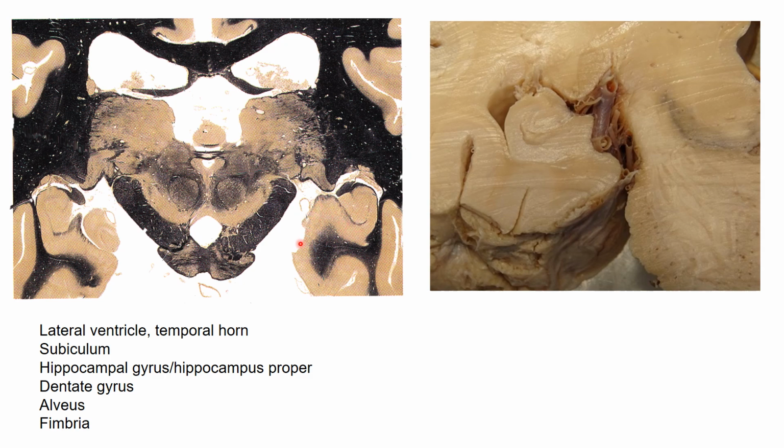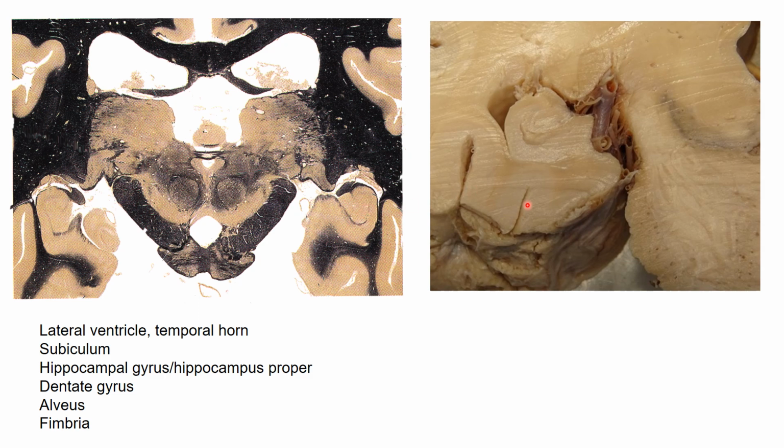So sub, beneath, so subiculum is this portion that's like folding in the first. And then the subiculum transitions into the hippocampus proper, or the hippocampal gyrus, and this is sort of this arch up and around here. And then it ends in the middle as the dentate gyrus. So the dentate, as Dr. Brewer said, is the middle of this hippocampus jelly donut.